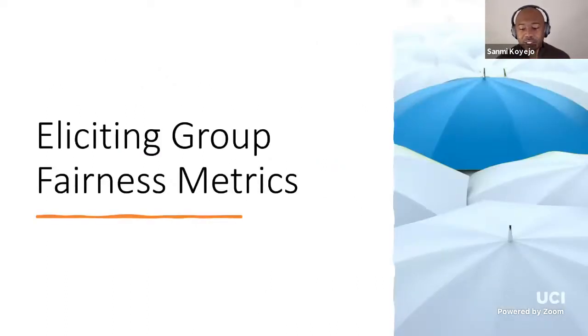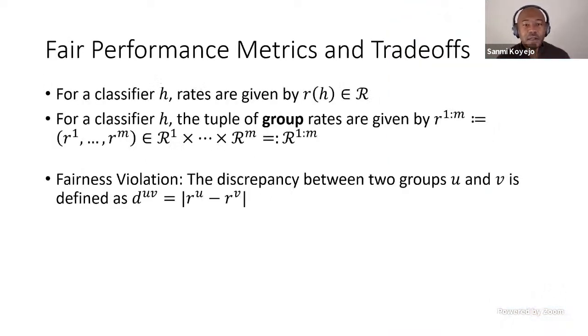I'll switch gears a bit and, in the same line, talk about how this idea can be extended to thinking about group fairness metrics and how one might elicit them. The framing is similar. Some of the differences are that, instead of a single confusion statistic for an overall population, we now have an evaluation of classifier performance for every group.